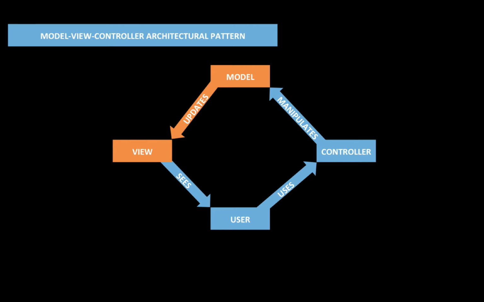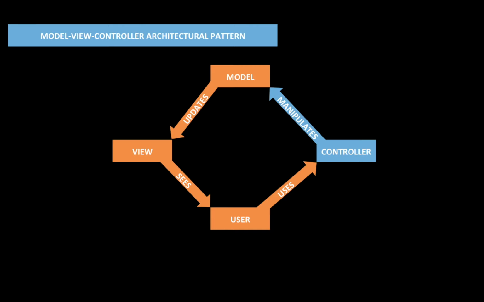So then it turns into the view. So you see a web page on your screen, you see it, you're the user, and then you interact with it somehow. You click on a link, you push a button, you type in a field. Whenever you perform an action, you use the application.